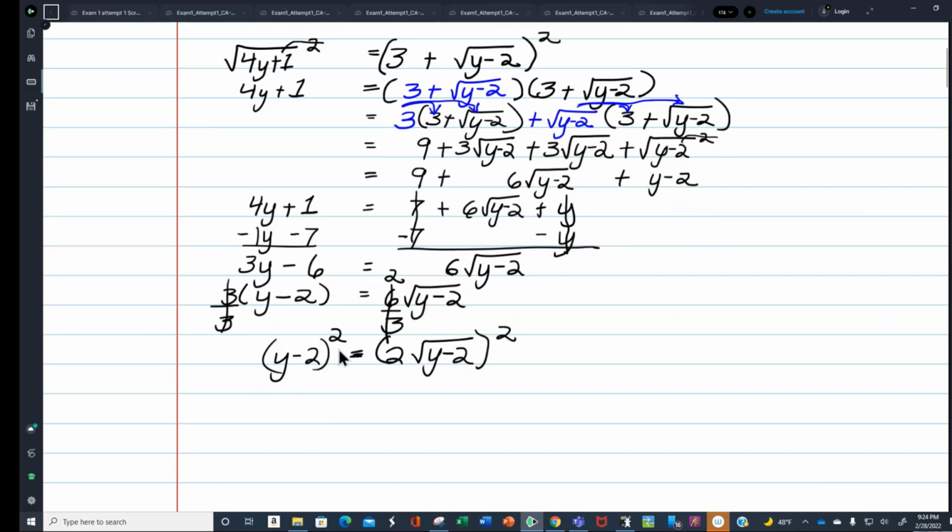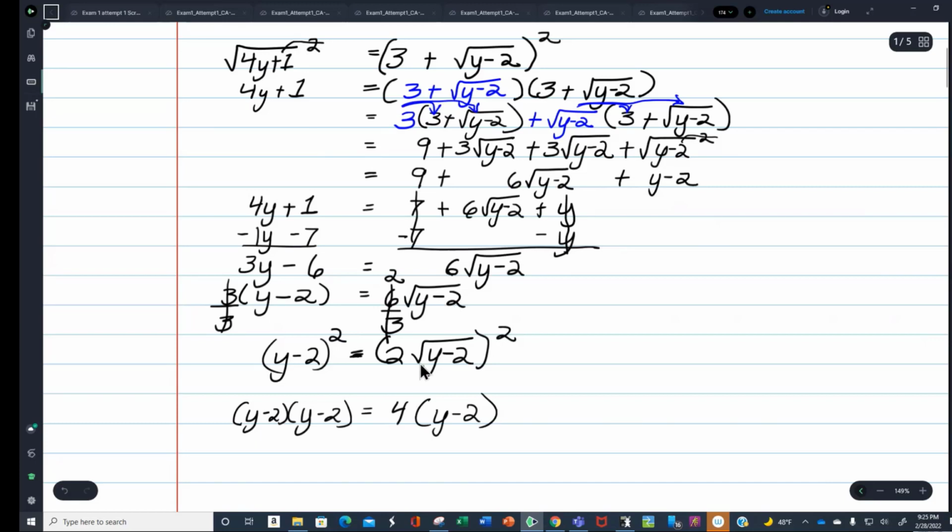So let's do this. We're going to have y minus 2 times y minus 2 equals 4. 2 squared is 4. And the square root of y minus 2 squared is y minus 2.